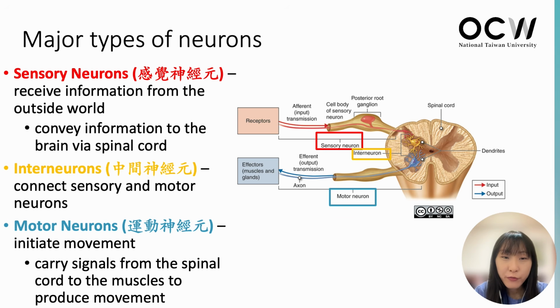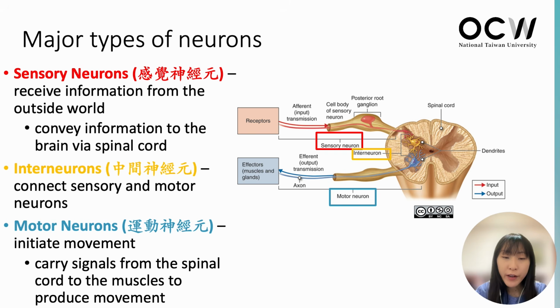As we have covered before, neurons have different functions, but there are three major types of neurons. The first one is sensory neurons, which help receive information from the outside world. They are responsible for major senses such as touch and pain, and are also critical for letting our body know about the environment around us.